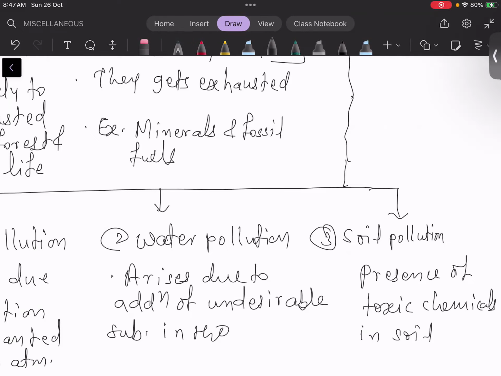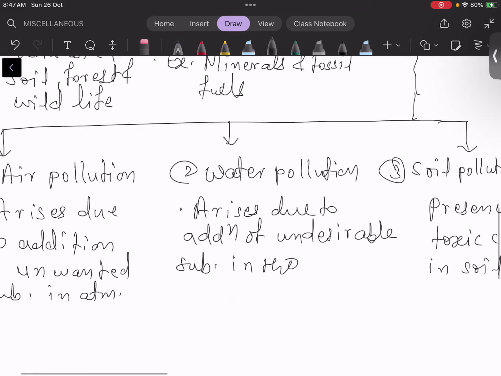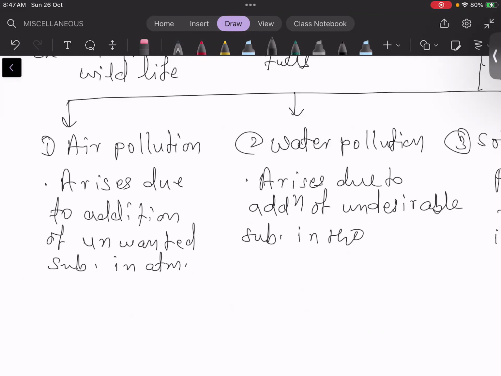If we add them in excess quantity, then soil pollution arises.